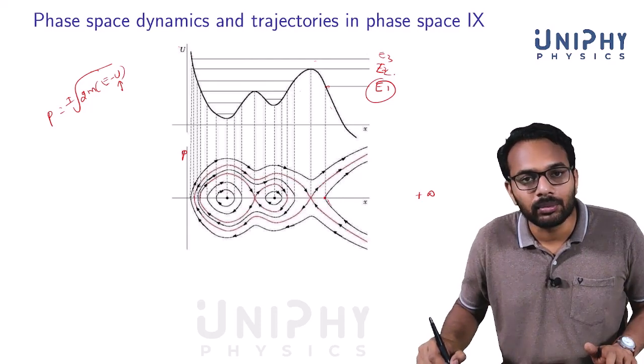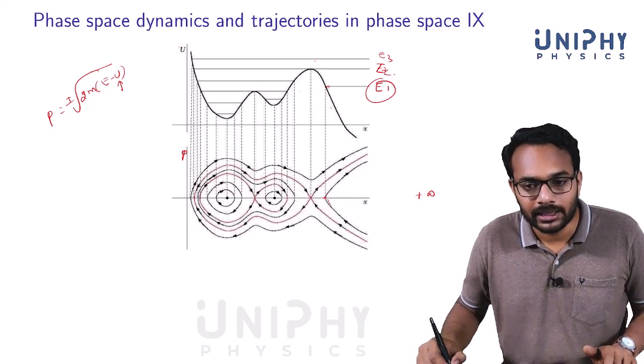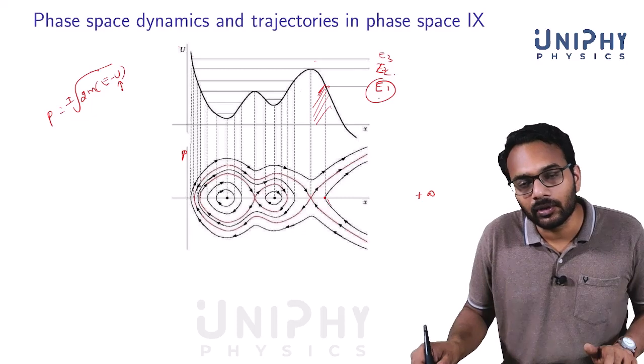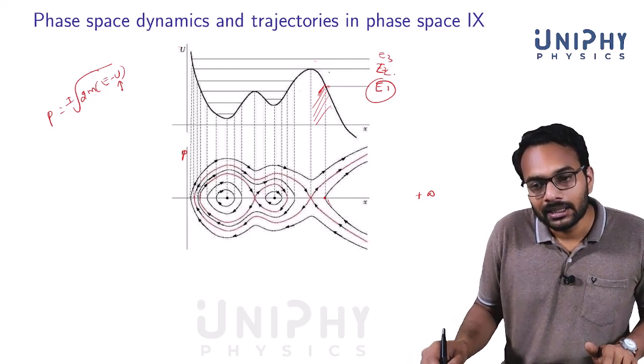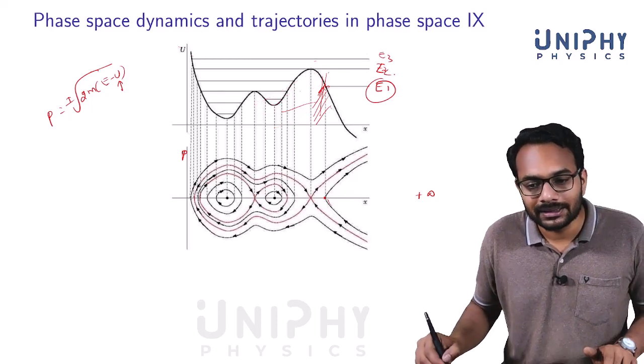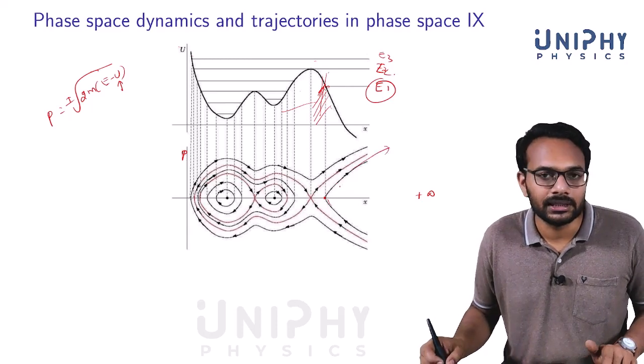It cannot cross this point, because this region is classically forbidden. So for a particle of energy E1, the left side of this part is completely forbidden. It cannot enter this part. It sees this potential, comes to rest, then turns back and goes back to infinity.